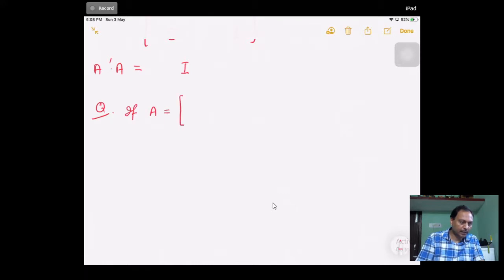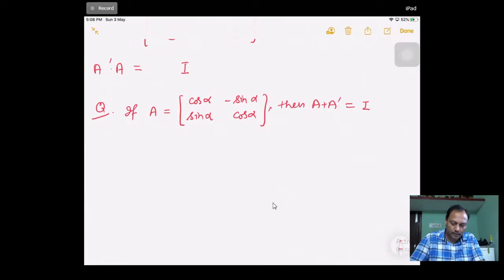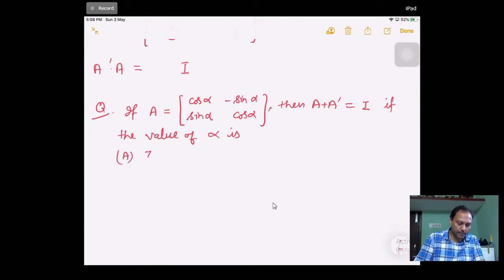If there is a matrix A whose elements are cos alpha, minus sin alpha, sin alpha and cos alpha, then A plus A prime is equal to I if the value of alpha is: option A is pi by 6, option B is pi by 3, option C is pi, and option D is 3 pi by 2.